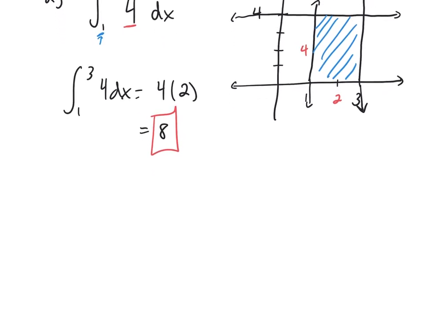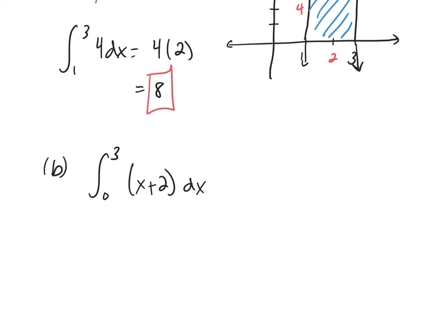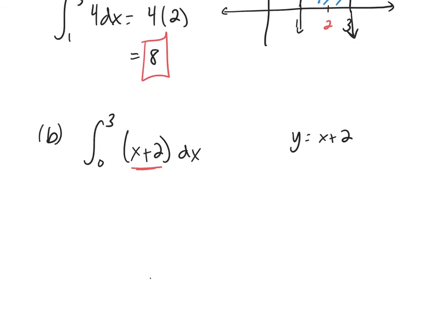All right, let's look at another one of these. B, the definite integral from 0 to 3, and the function will be x plus 2 dx. So the function I'm looking at, again, in here, y equals x plus 2, and you can graph that.